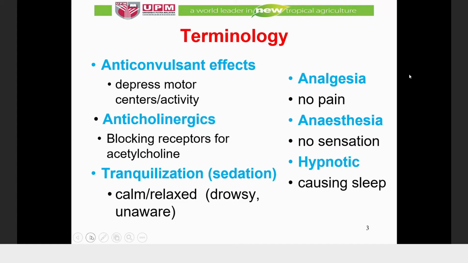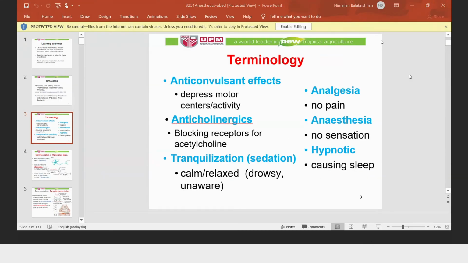Then we have tranquilizers and sedatives, which calm and relax the animal or produce a state of calmness and relaxation. Then analgesia or the analgesics, the drugs which stop pain sensation; anesthetics, no sensation; and hypnotics, the drugs which cause sleep.